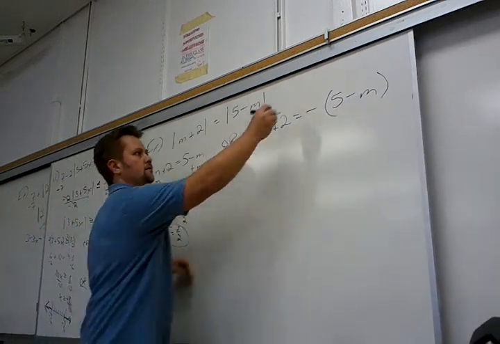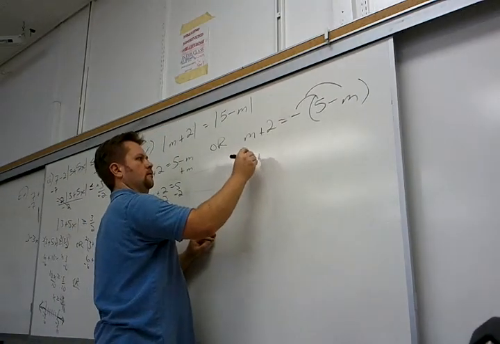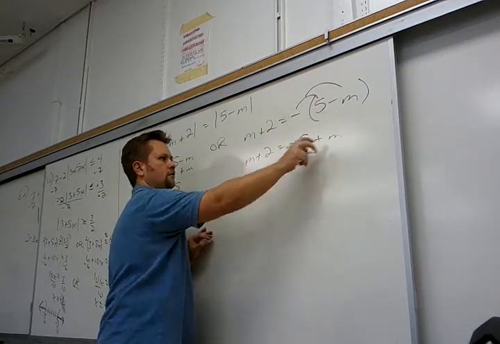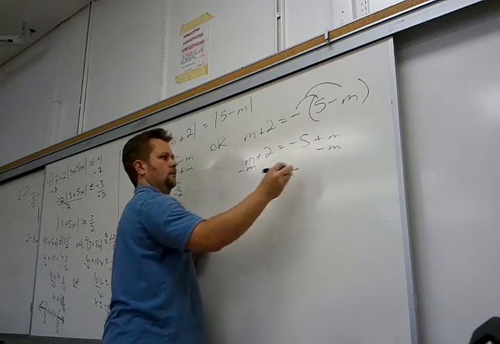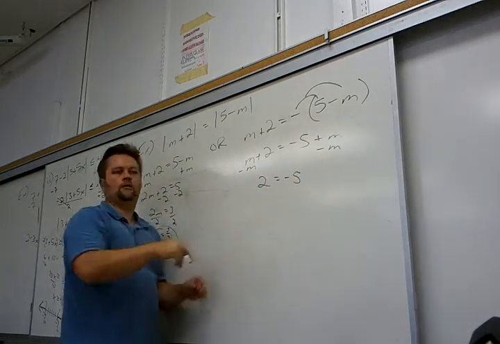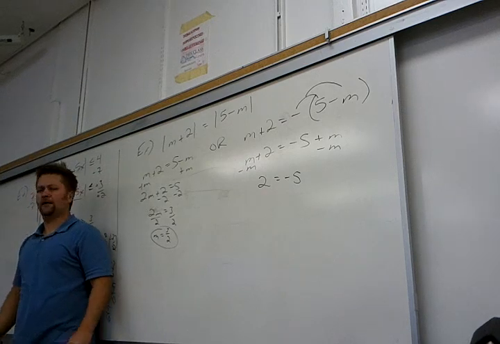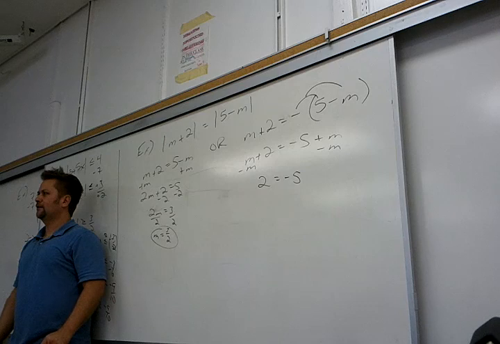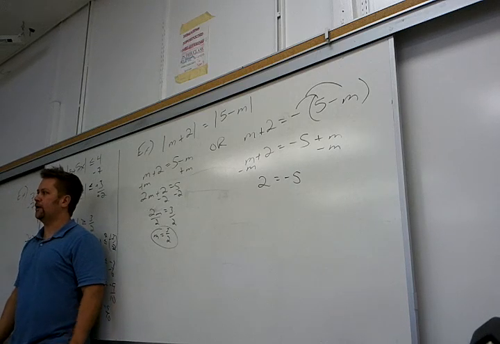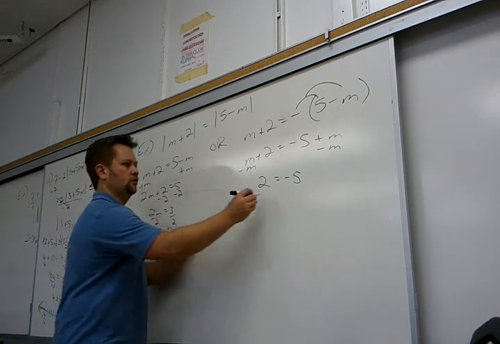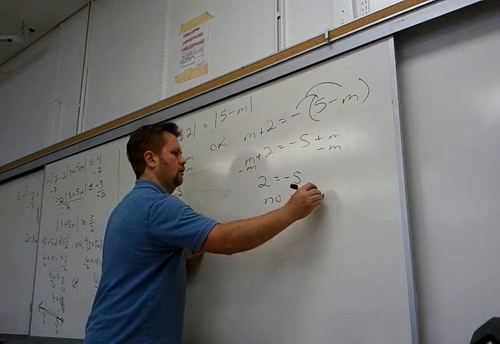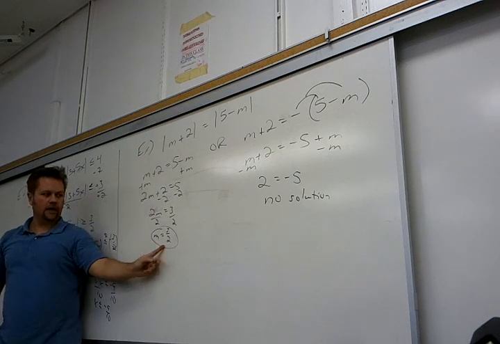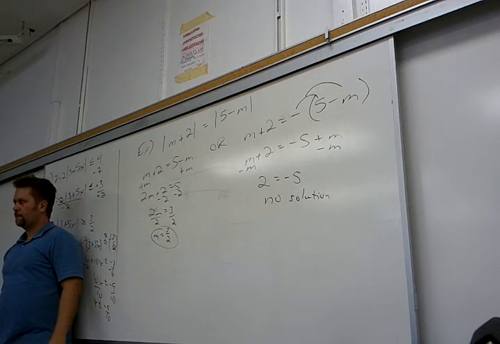You get -5 plus m. So what do the m's do? Minus m, minus m. They go away, right? Which means what? What does 2 equals negative 5 tell you? There's no solution. Beautiful. That piece gives me no answer, because it has no variable in it. So there's no solution to this case. So what's the answer to the question then? It's that one right there, the only answer I got. The solution is that one.